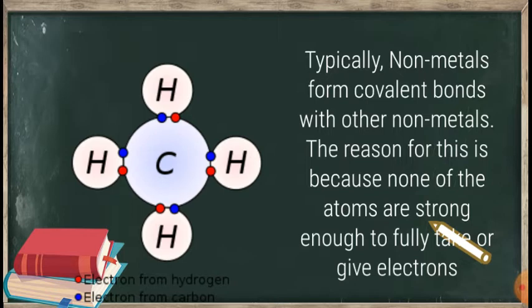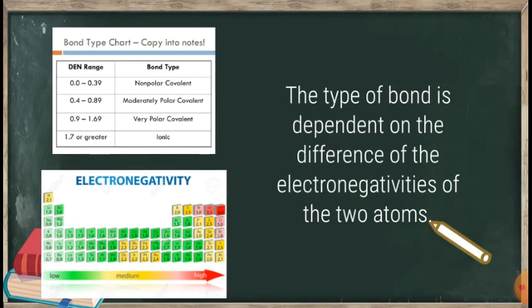So one can't fully take and the other can't fully give electrons. Methane here is an example of a covalent compound.